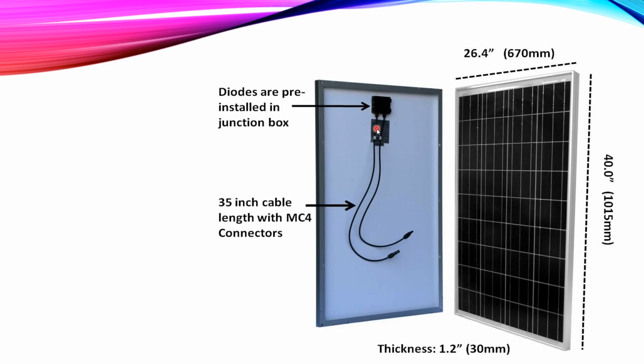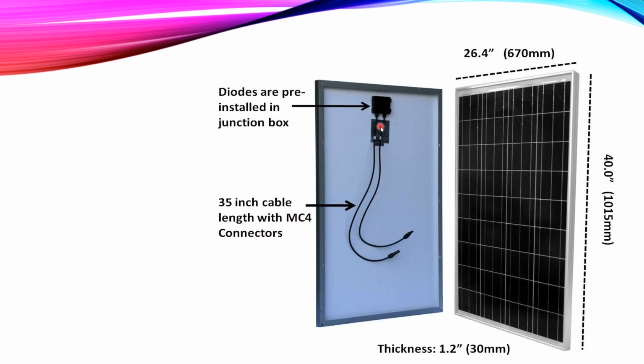And we have two cables going outside from the panel, one representing the positive and the other the negative. This one, which is the male, is the positive, and the other one is the female and negative. This cable is a 35-inch cable with MC4 connectors. We'll see the MC4 connectors in the next slide.